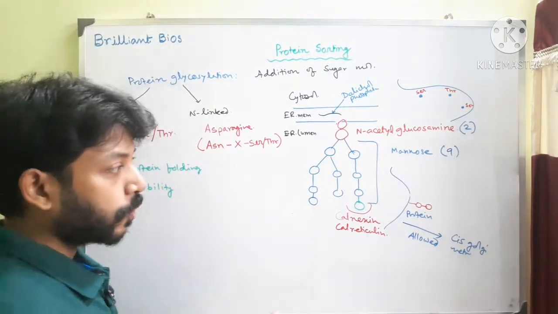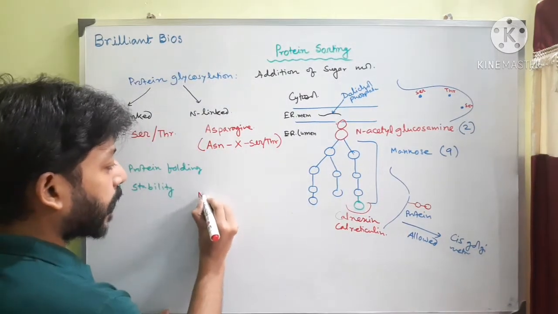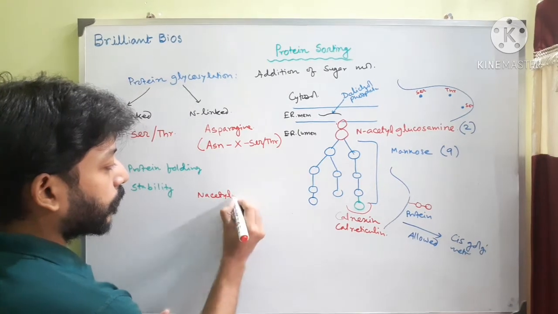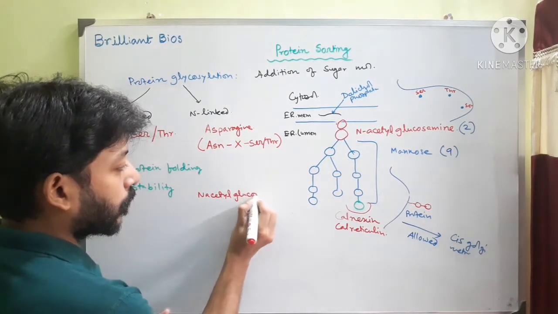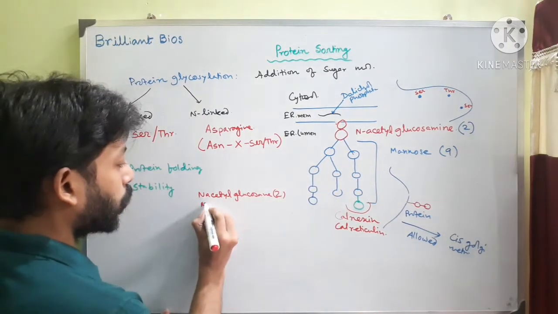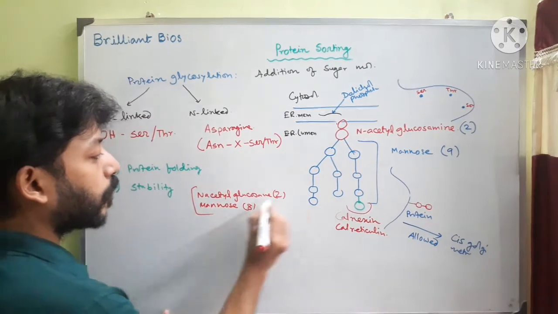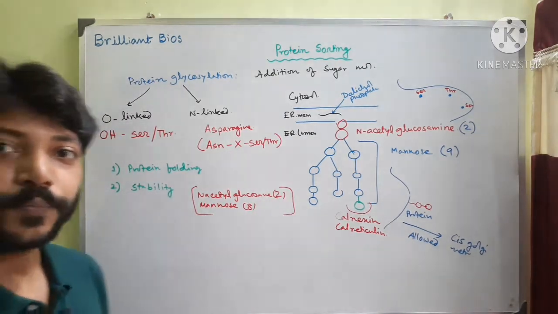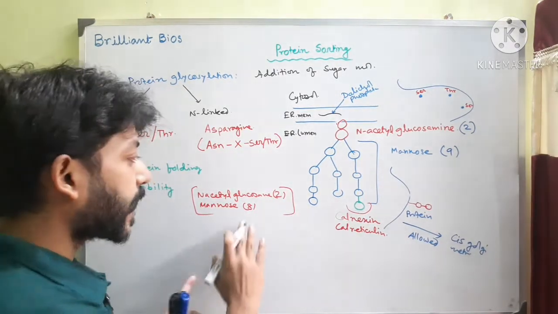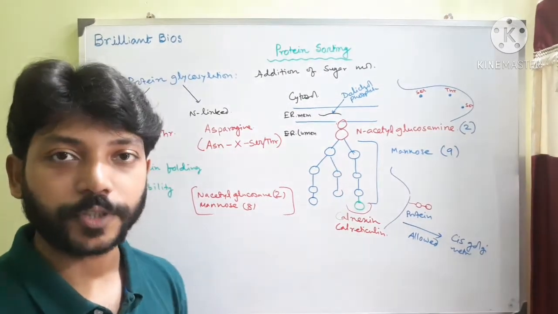Okay, so you must remember that if there are 2 N-acetyl glucosamine and 8 mannose, then this type of protein is properly folded. They can come out to the cis-Golgi network and go to the secretory pathway.